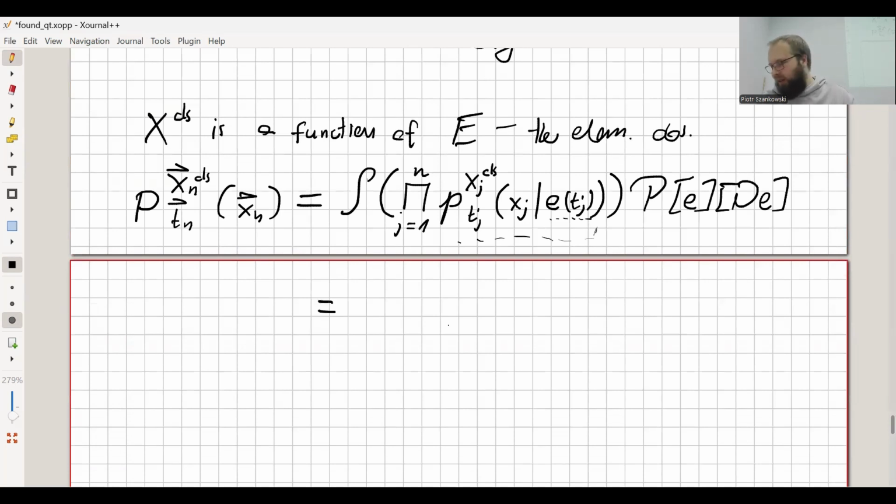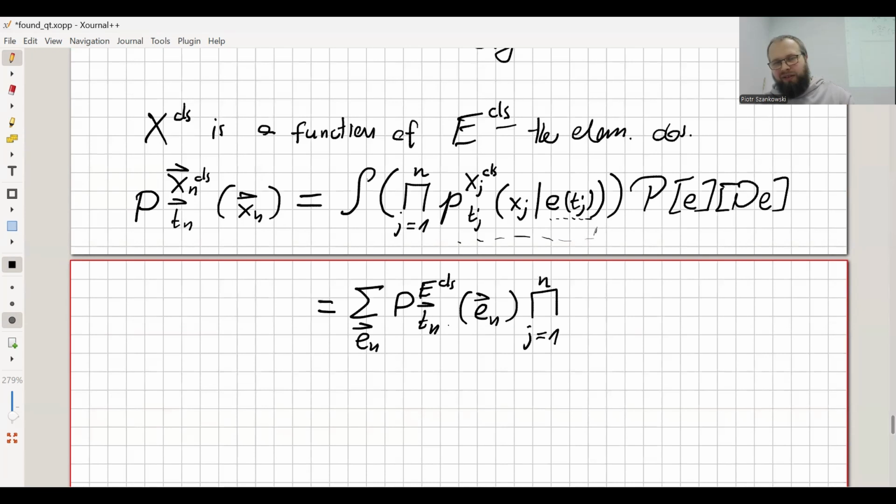And this you can rewrite in terms of the joint probability distribution for this elementary observable E, which is also classical, times our filters, x_j classical, x_j, E_j. Okay. So this is a consequence of having this trajectory picture in your theory. If there is a trajectory picture, the measurements have to be consistent.